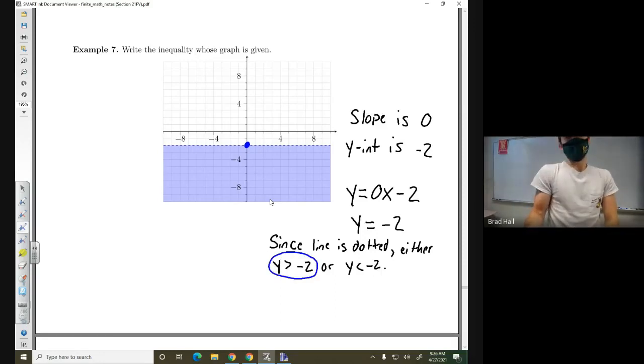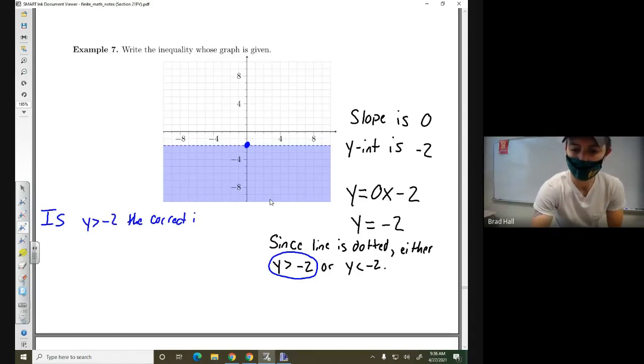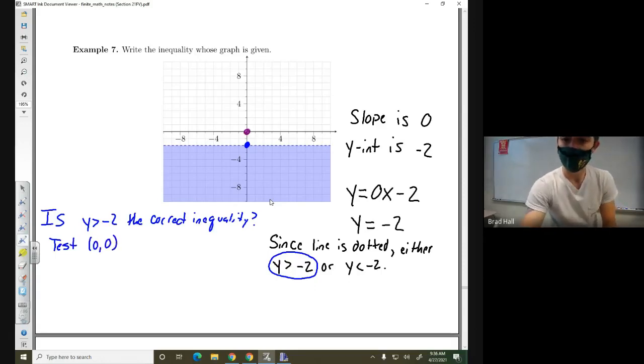So we're considering, is this the correct inequality? We're going to test 0, 0. Remember, that's the point right here in the center. If we get a true statement, we should shade on that side. If we get a false statement, we should not shade on that side.